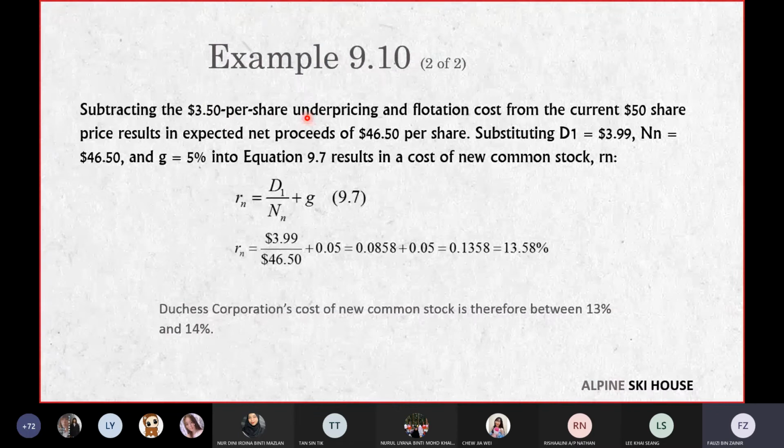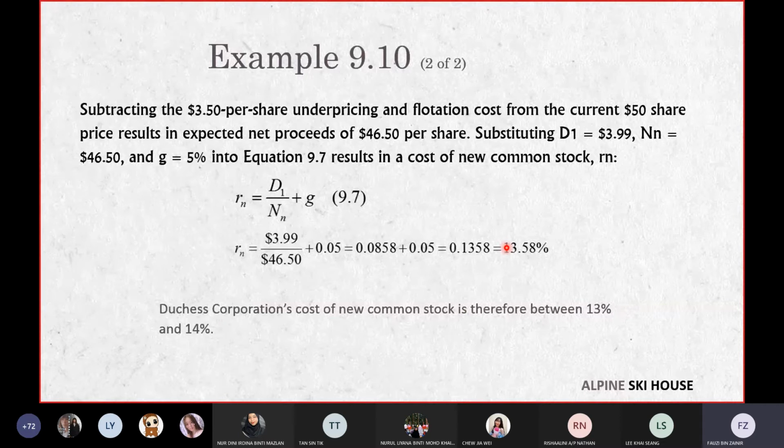What it does is that it discounts by $2 and the flotation cost by $1.50, so it becomes $3.50. So you take that number and you minus from 50, you get those numbers there, and therefore our conclusion here is that Duchess Corporation's cost of new common stock is between 13 and 14%.